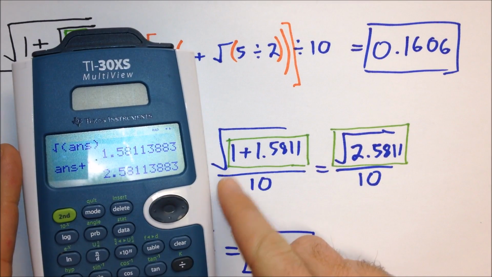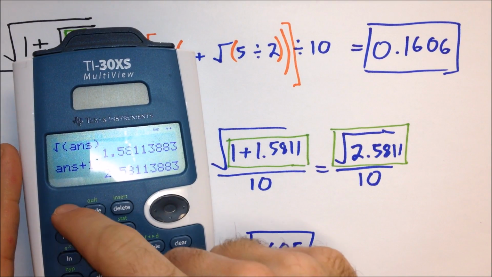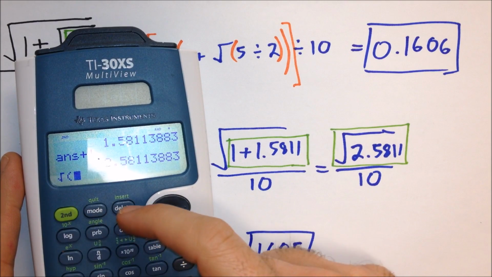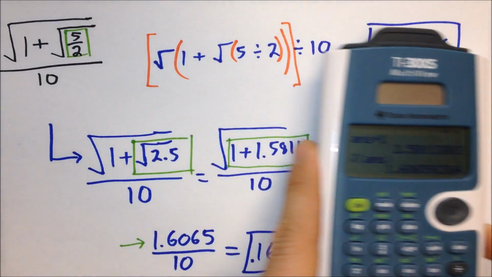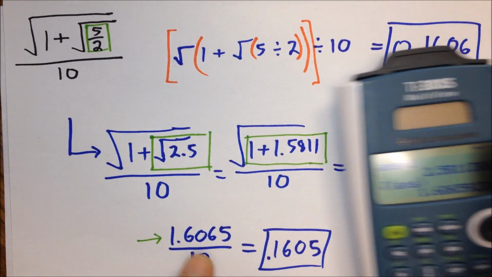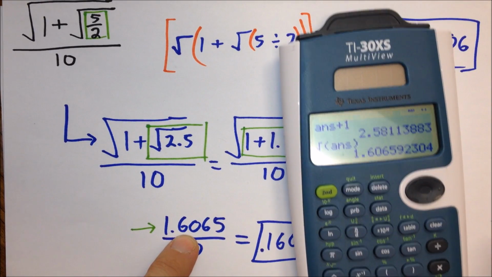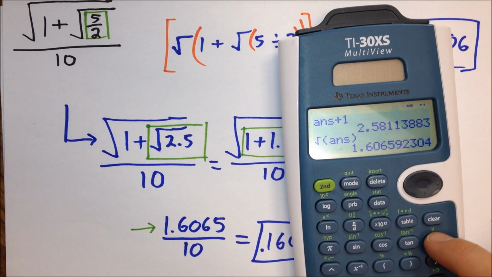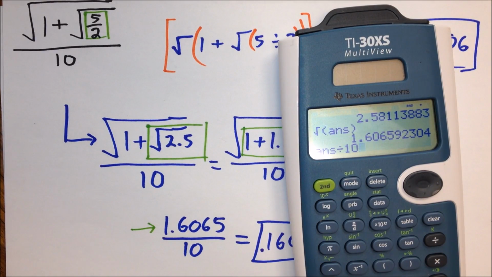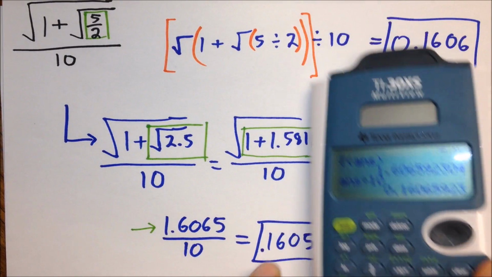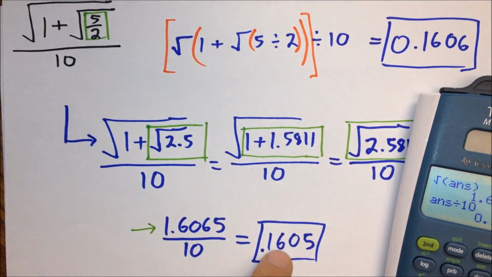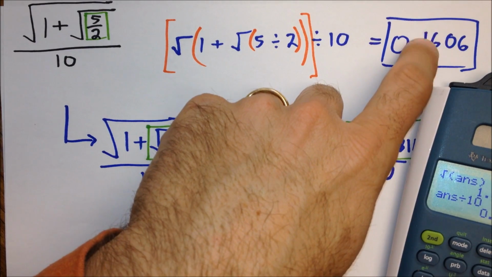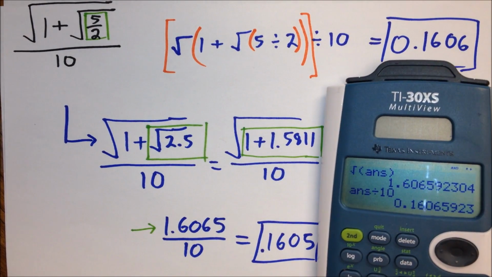Now we're going to take that answer and square root it, which gives me the square root of 2.5811, which gives me 1.6065, and then finally for the last part I'm going to divide that by 10. As I divide that by 10, I get 0.16065, which actually was the exact same answer we got right there.